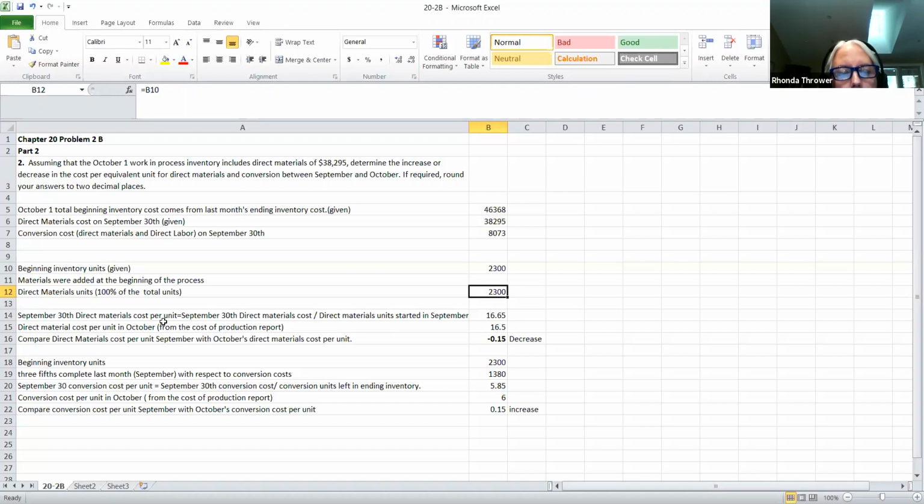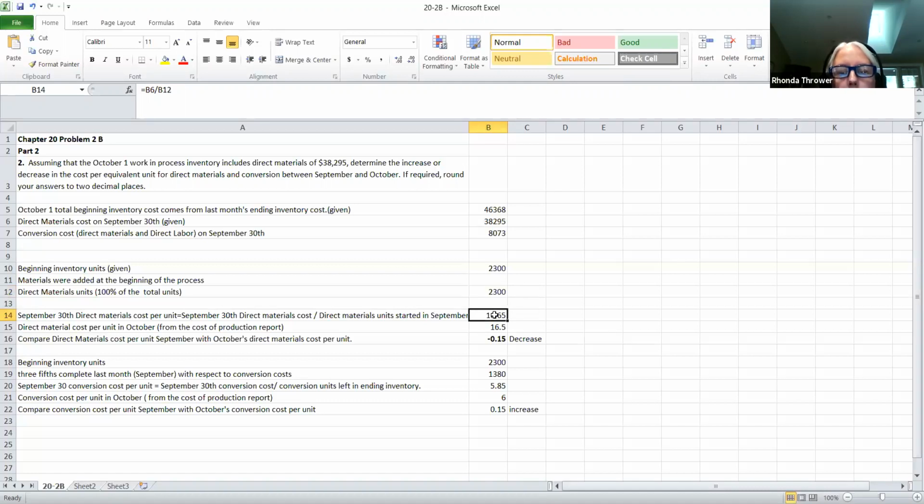Then what I'm going to find is my direct materials cost per unit last month. And that would be equal to my direct materials cost for the last month. That was the given amount of $38,295 divided by the direct materials units that were in ending inventory last period that were brought forward to the beginning of this period, which is 2,300 units.